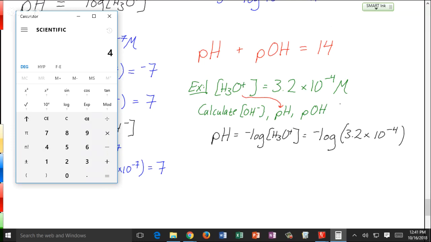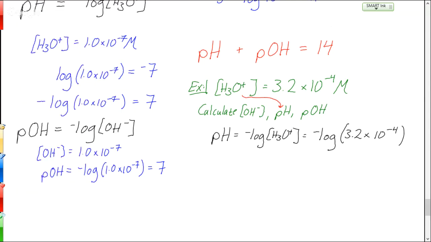So I type in 4, I make it negative, then I raise 10 to that power. That's what that little button does. Then I multiply the 3.2. So that's my inside number now, 3.2 times 10 to the minus 4. Then I can take the log by clicking log. And then I can flip the sign with that plus minus key. So I get 3.49.